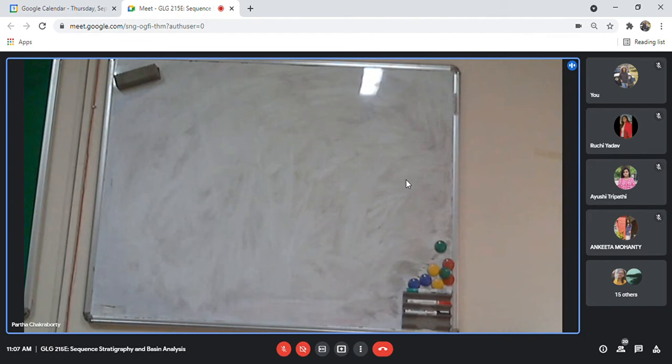Comma. The high stand normal regressive deposit is bound between maximum flooding surface MFS and BSFR at its base and top.